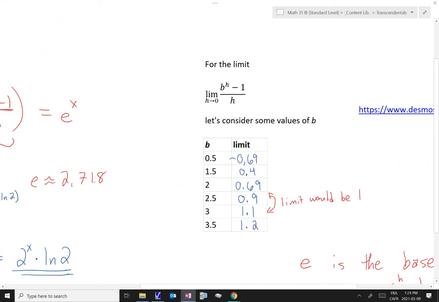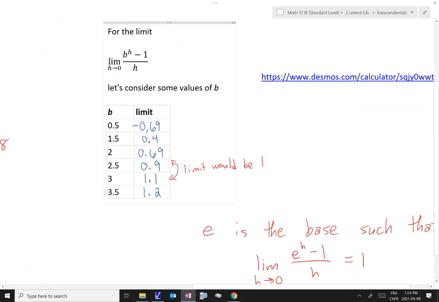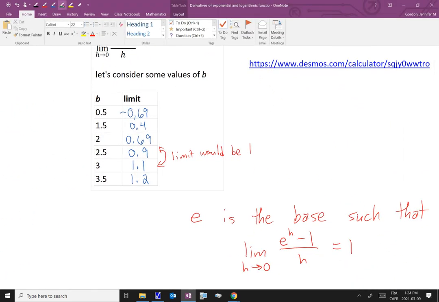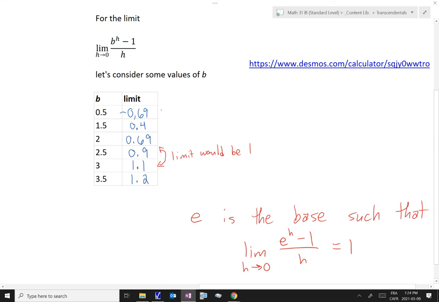But this basically gives us the secret. So if I go back to this table, and you certainly can verify this, I'm not going to bother going through it, but it was that change of base we just did. This value is the natural log of 0.5, the natural log of 1.5, the natural log of 2, the natural log of 3.5.